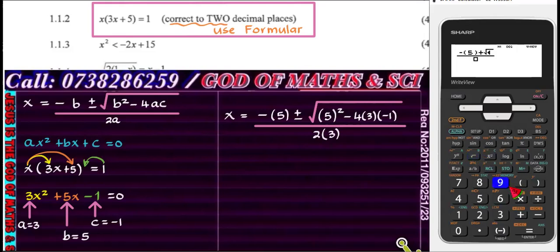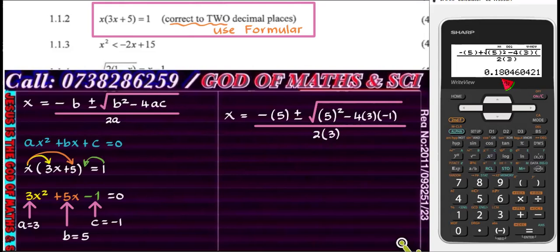Then square root, open bracket, put a 5, close bracket, all squared, minus 4, open the bracket, put a 3, close the bracket, open the bracket. I need to put a negative 1, close the bracket, all over 2, open the bracket, put a 3, close the bracket. Then I press equal. Then I get it in that form, so I can press change to give me the decimal.